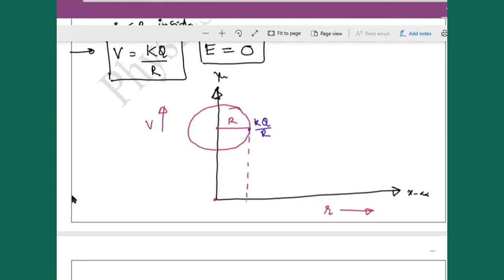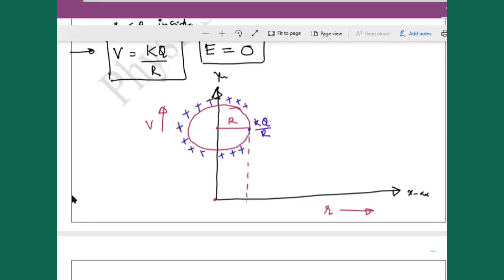If I go inside the surface, what is the value? Same. Inside is also kQ by R. Am I right? Inside is also kQ by R, the same thing will be there.